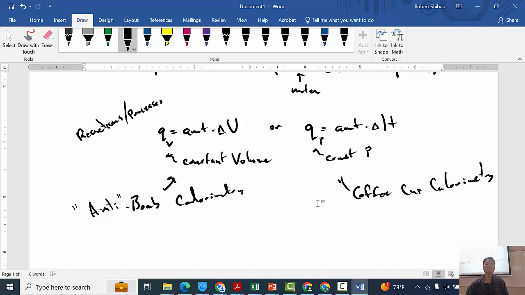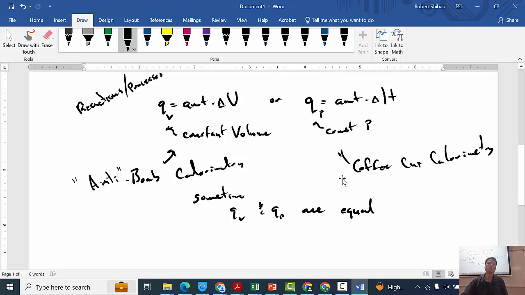However, sometimes they are equal. Sometimes QV and QP are equal. Like in our lab, we can do this in the coffee cup, but even if we did this in a bomb, would you expect a pressure explosion by mixing hydrochloric acid and sodium hydroxide solution?